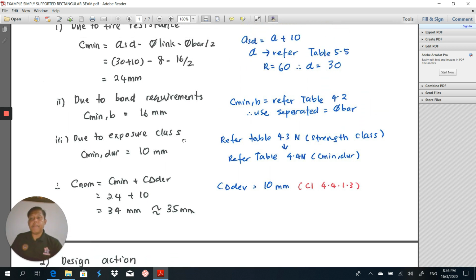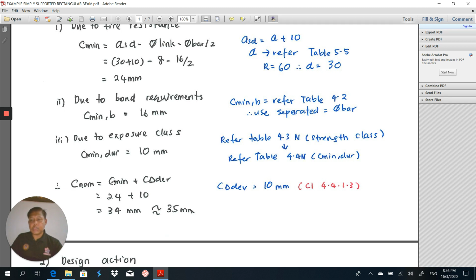Then we compare this C minimum durability, C minimum B, and C minimum due to the fire resistance. Which one is the biggest? Based on these three conditions, we know that the highest C minimum is due to the fire resistance, which is 24 mm.